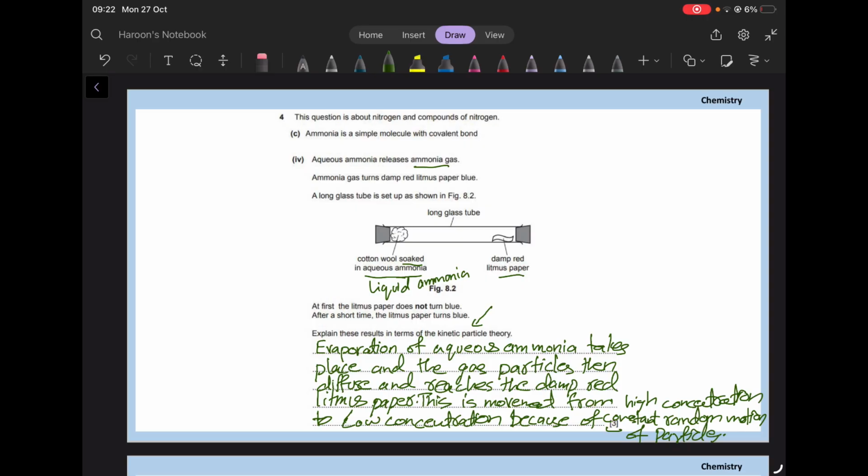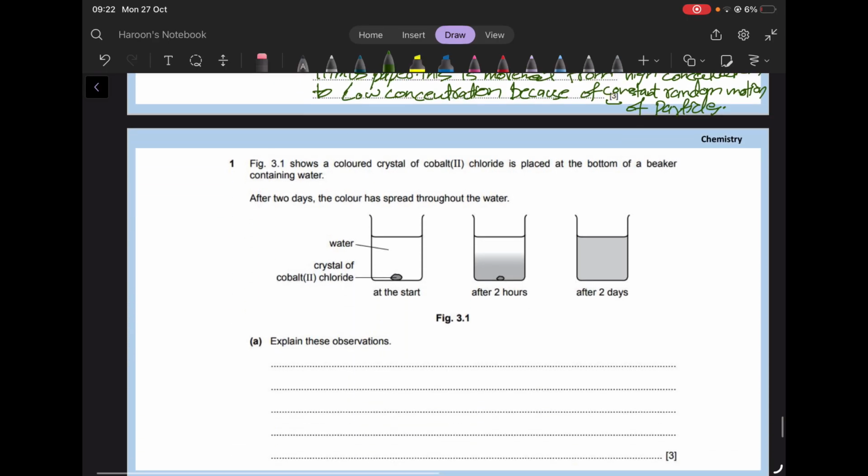Let's try to fit all this inside these lines, and this would fetch you all 3 marks.